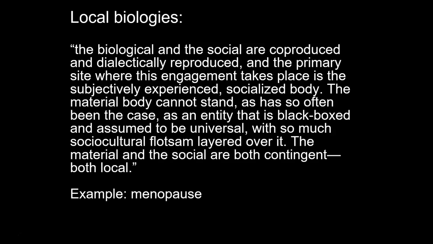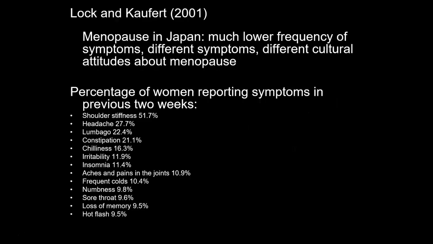And she gives us some quite interesting cross-cultural information about how menopause is experienced in different ways to, again, underline this idea that biology is not just a universal function of the human body, but is informed by local cultural frameworks.